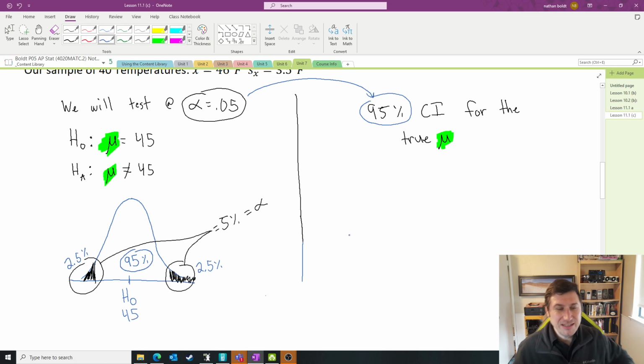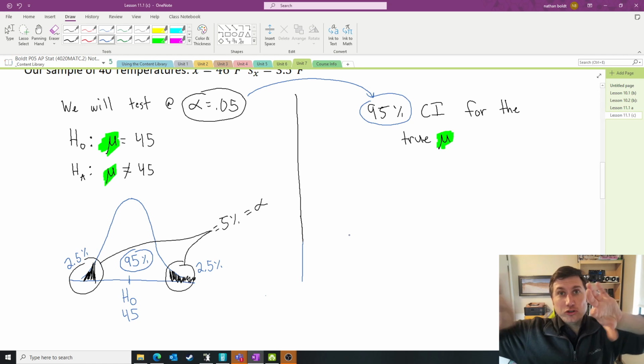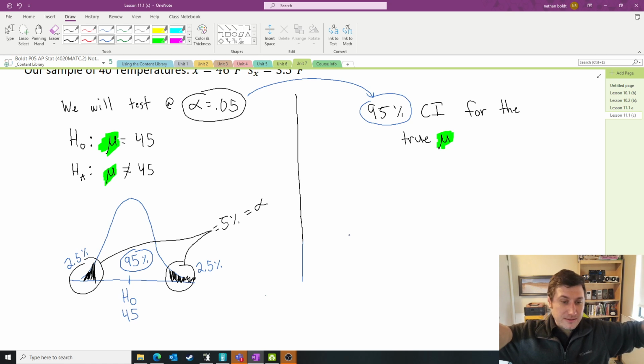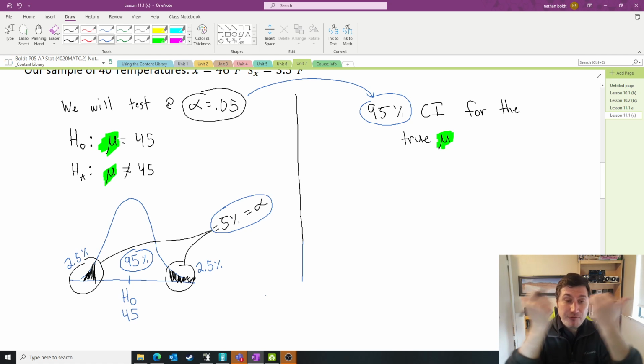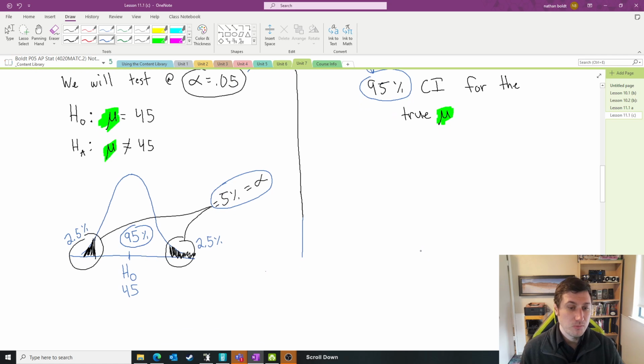Okay, 95% in the middle, 2.5 on either end. Those two 2.5s make the 5% alpha. There's a 5% chance of getting a sample that far away on our test. Okay, so let's run our test now.